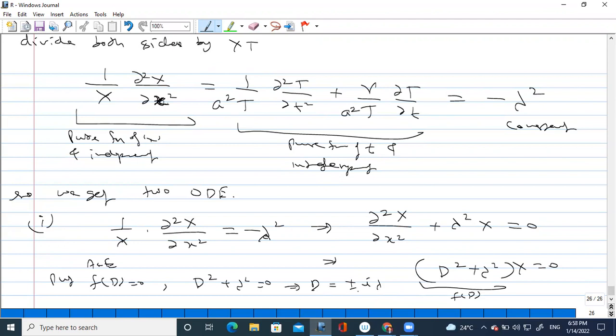So with that, what will be the solution? x will be a cos lambda x plus b sin lambda x, and outside it was e to the power 0 into x, so that has become 1 only. So this is the value of x.